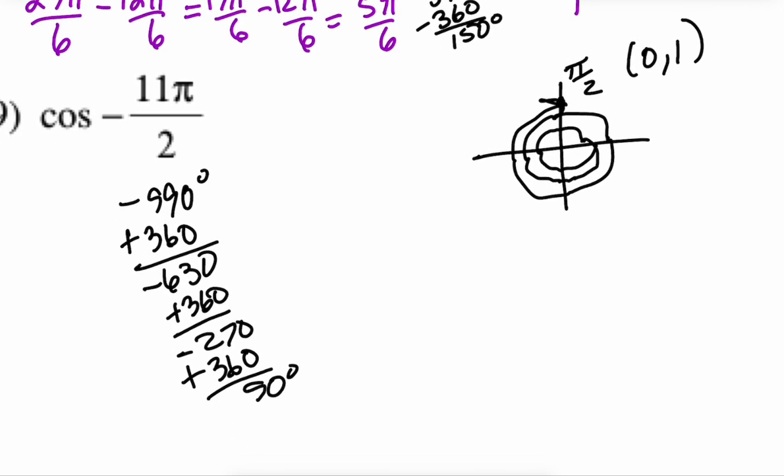So you can do that. You can also add 4 pi over 2 3 times, which is 12 pi over 2, which gets you 1 pi over 2. So however you want to do it, okay? Where do you land? That's the key. However you decide to do it, whether it's degrees or radians, or you actually just draw it out like I just did. So the cosine is the x value at that location. The answer is 0.